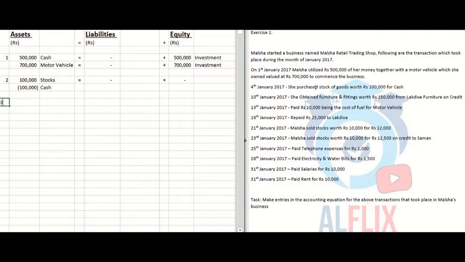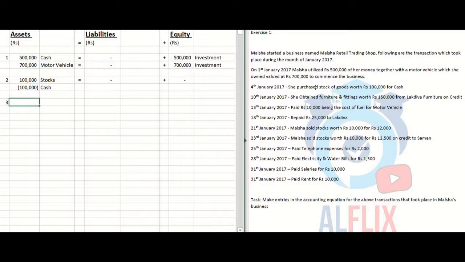Transaction number 3. On 10th of January 2017, she obtained furniture and fittings worth rupees 150,000 from Lakdiva Furniture on credit. So looking at this transaction, there is a purchase of furniture and fittings worth 150,000 which has been purchased on credit.